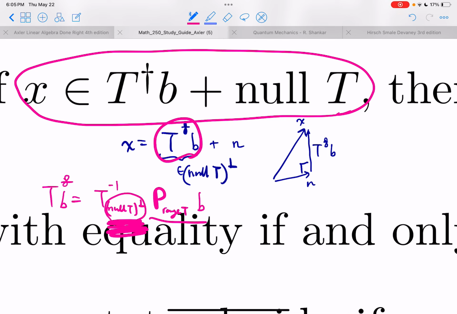Okay, but that means that this thing and this thing are orthogonal. They form a 90-degree triangle with each other. So that's this 90-degree triangle here with the n and this, and their sum is x. And so guess what? x is the hypotenuse, and that is bigger than this side, T dagger b.